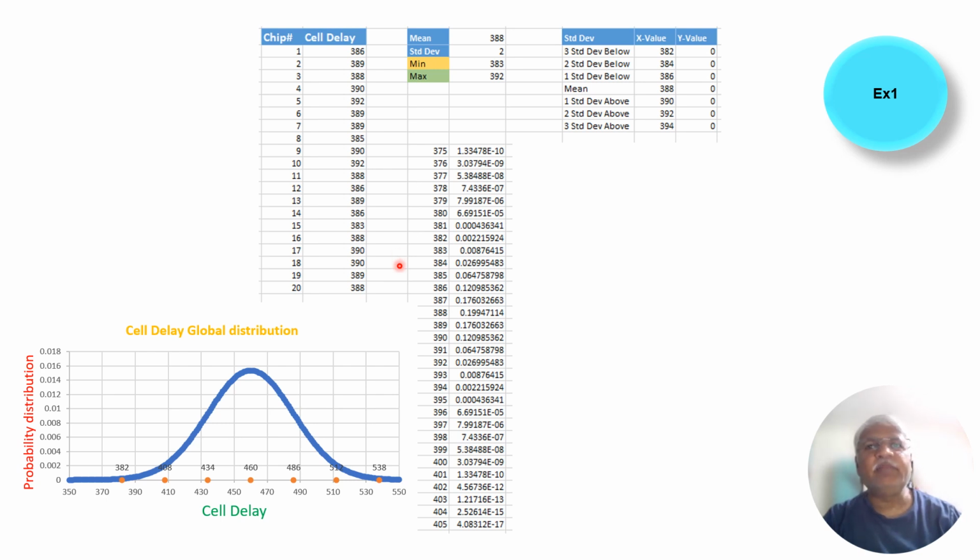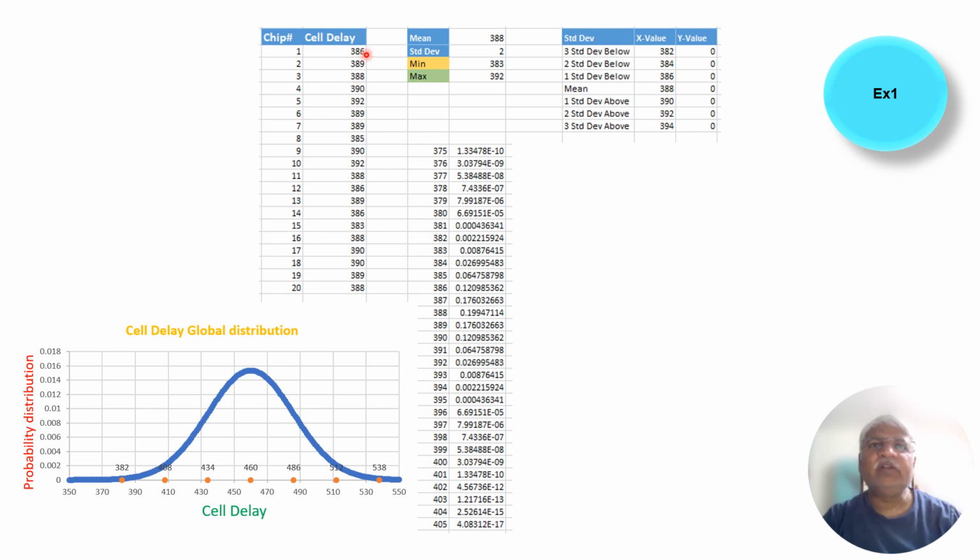We need to perform it on those situations where the delay is smaller and close to these points. Okay, definitely it will not cross 382, but it will be somewhere around these points.